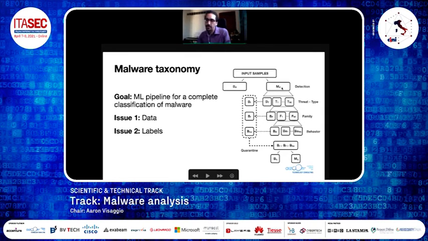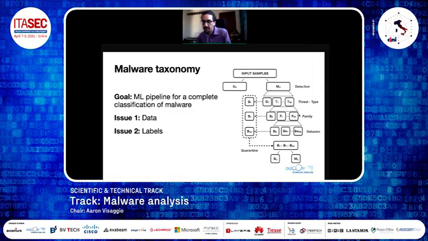In case it's considered malicious, it goes through 3 other stages, where in each stage we try to classify the malware according to its main characteristics. First, the type, that is the major groups: virus, ransomware, greyware, and so on.